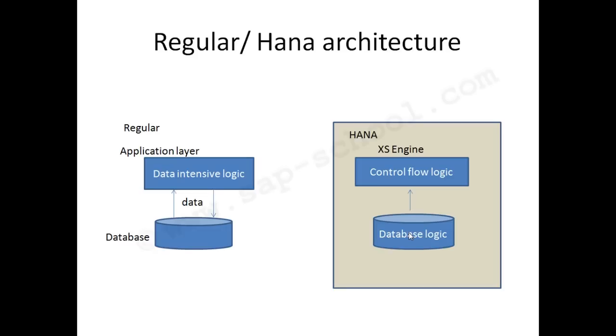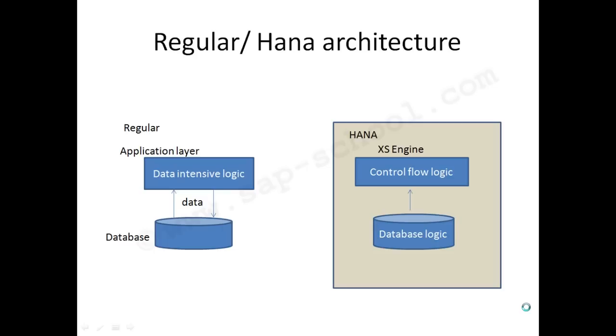What I really mean is that the application server in HANA knows the HANA database and the data types so well that it communicates better than if you have a regular database with an application layer bolted on top of it. So that's the main advantage of HANA: the application server of HANA, which is the access application server, communicates better with the database.